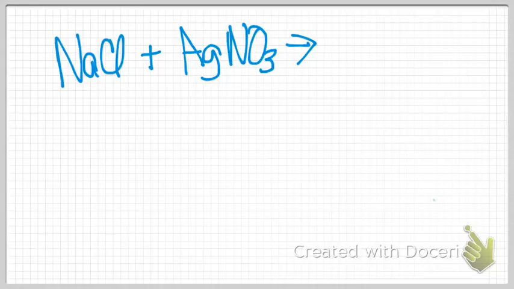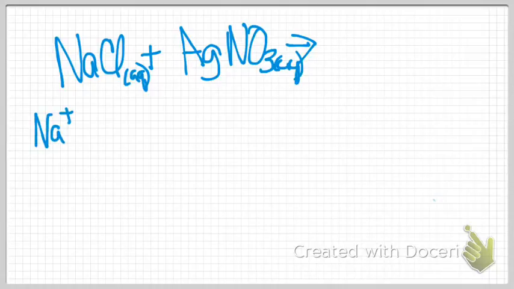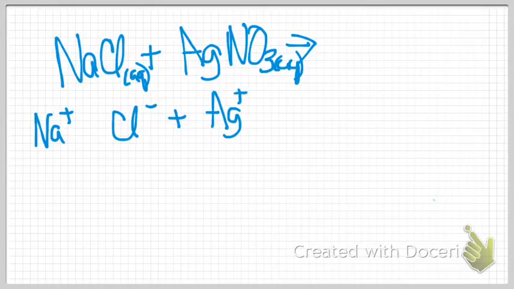Here, if you were to put this in water, in an aqueous solution, and you put this in an aqueous solution, as soon as you do that, these two split apart and form sodium ions and chloride ions. I said silver, I meant sodium right there. And this forms silver ions and nitrate ions.